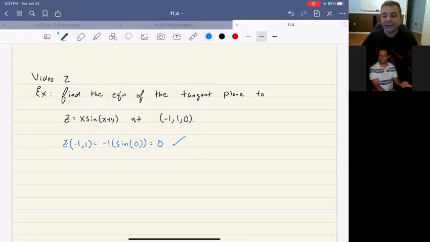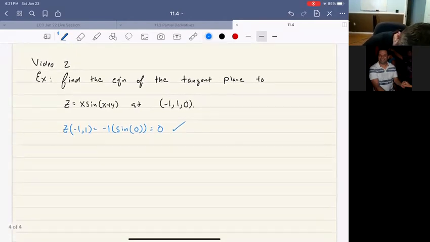All right, so let's take our partial derivatives. So, partial of z with respect to x. I'm just using a different notation. No big deal. So that's going to equal sine x plus y plus x cosine x plus y.